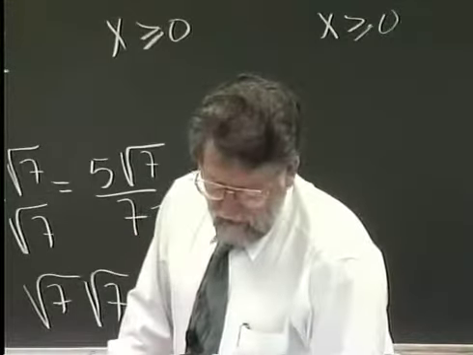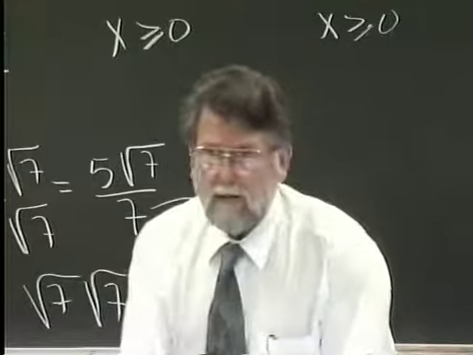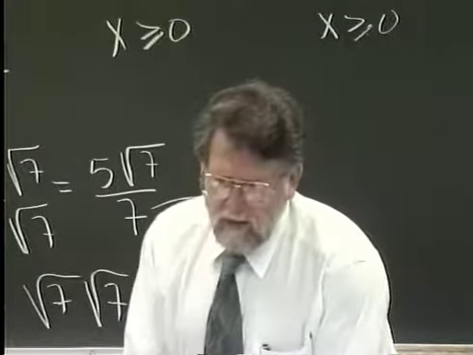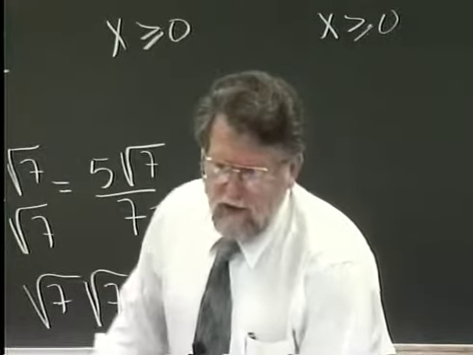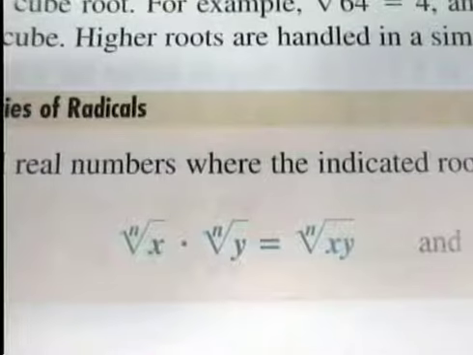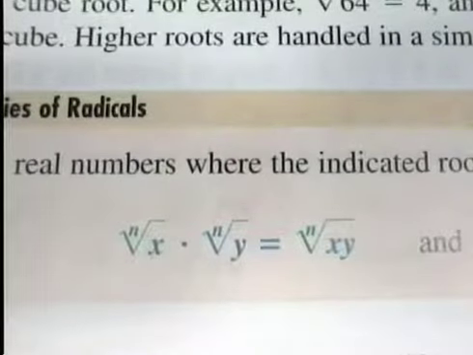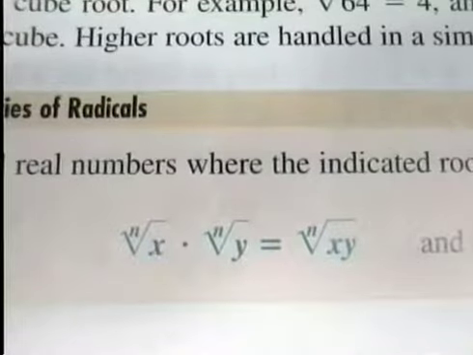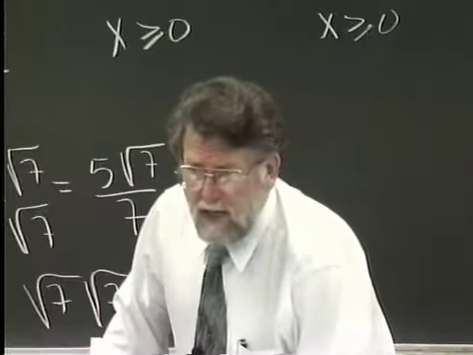The properties that I mentioned earlier, for square roots, I said could be generalized. This is done for you at the bottom of 534. So the nth root of x times the nth root of y is the nth root of xy. Again, the product of radicals is the radical of the product regardless of the index, but the index must be the same in each case.